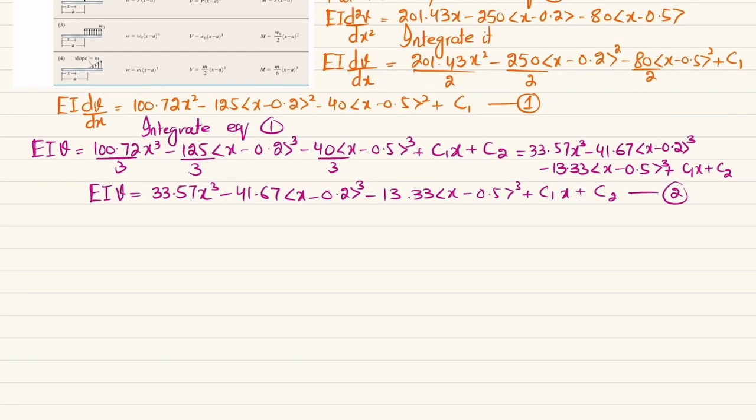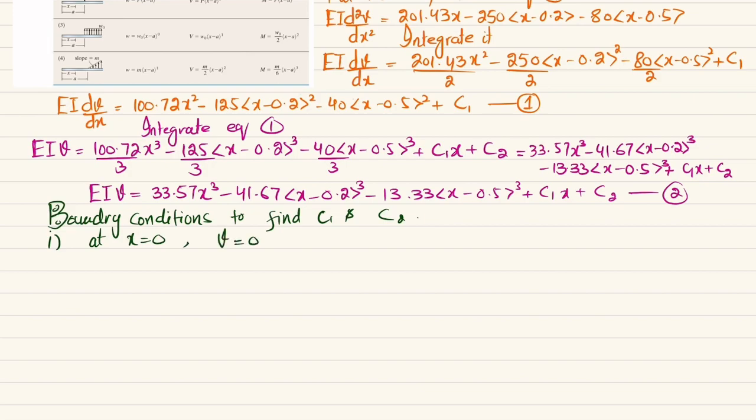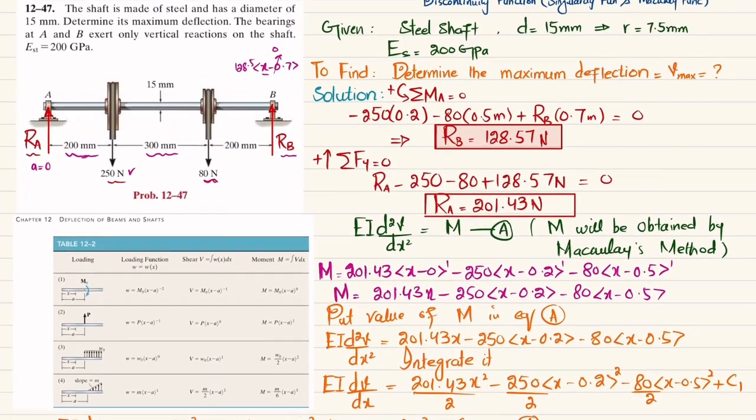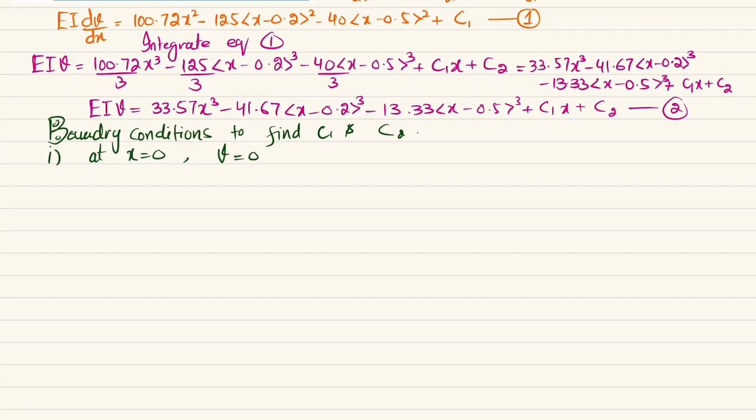Now you can see that C1 and C2 are unknown constants of integration, so we will use boundary conditions to find C1 and C2. The first boundary condition is that at x equal to 0, the deflection is equal to 0, because at point A we have a bearing support.